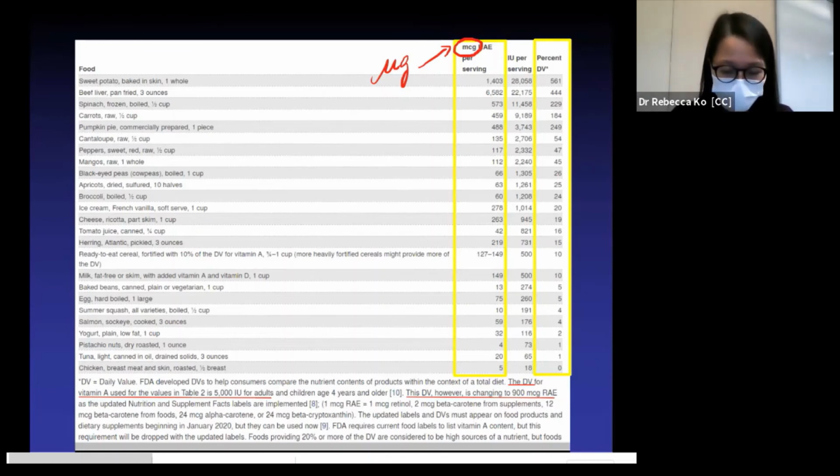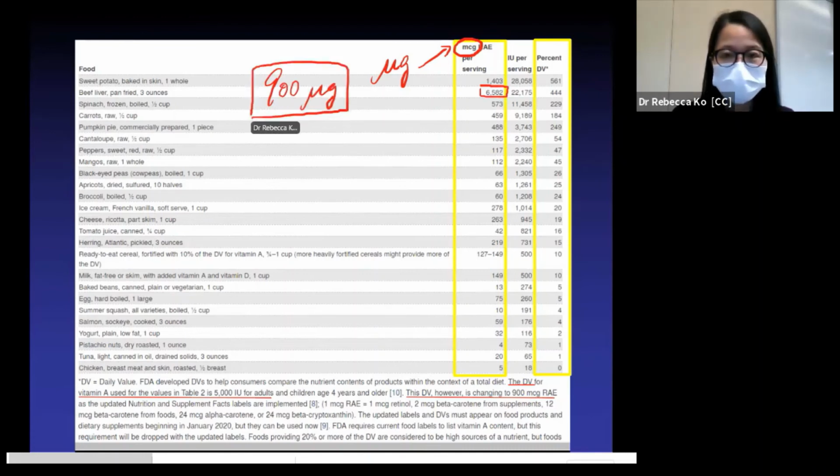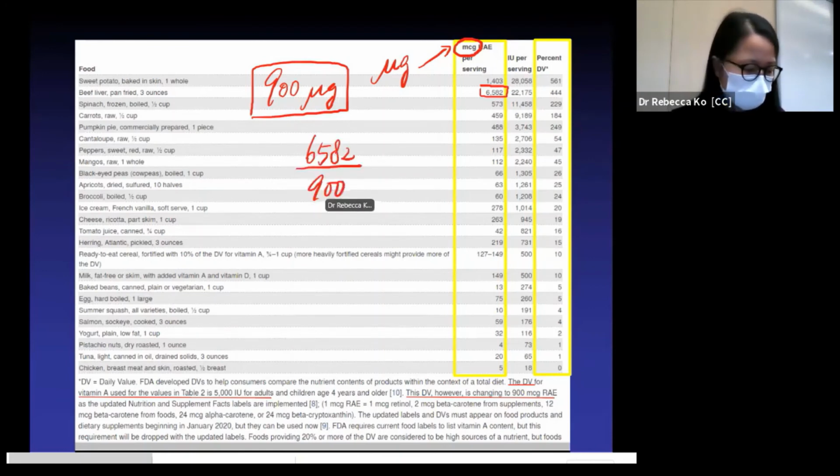So wow, just 3 ounces of beef liver is over 900. 900 micrograms is the recommended intake value, and so if you check 6,500 over, it's more than 7 times.